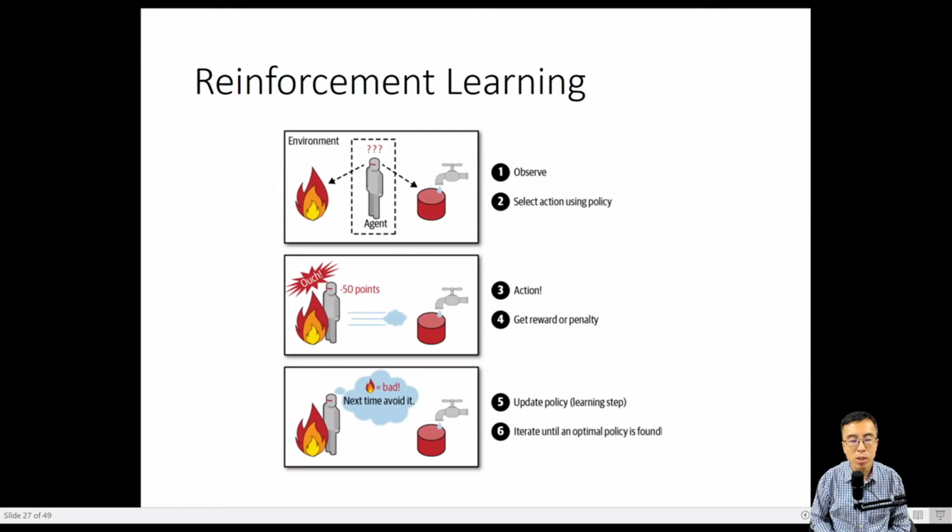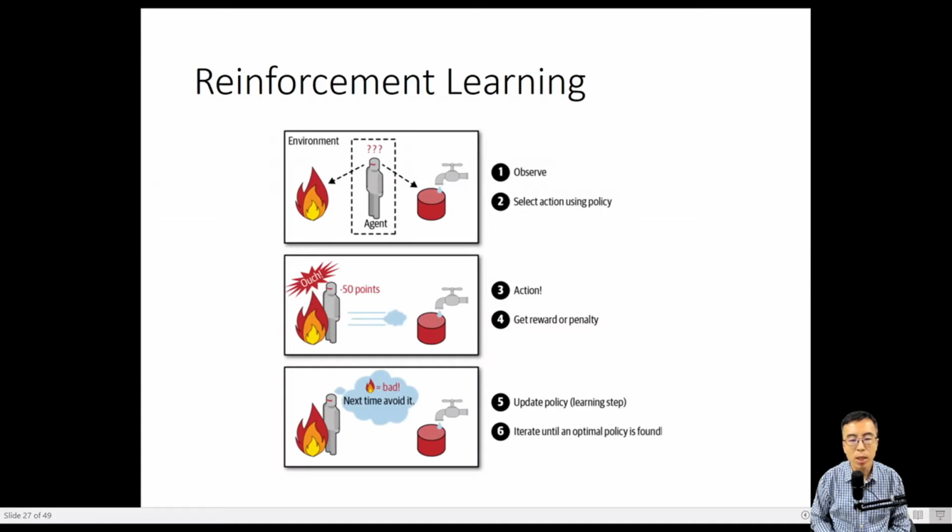If the agent moves directly to the fire without holding some water, the agent is going to get a penalty, or basically points deducted from the overall points. Whereas if the agent tries to grab some water and then move close to the fire, and put out the fire, the agent is going to get some positive points, or rewards.